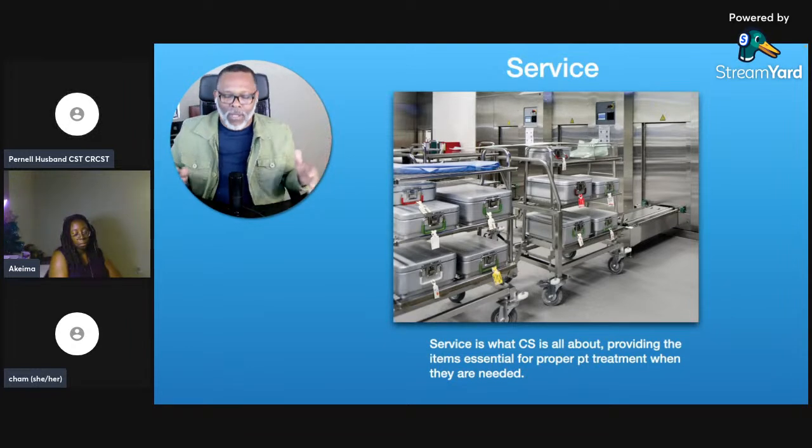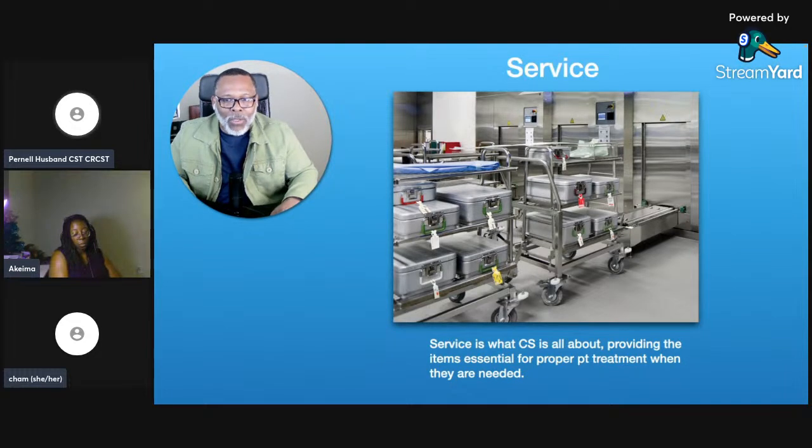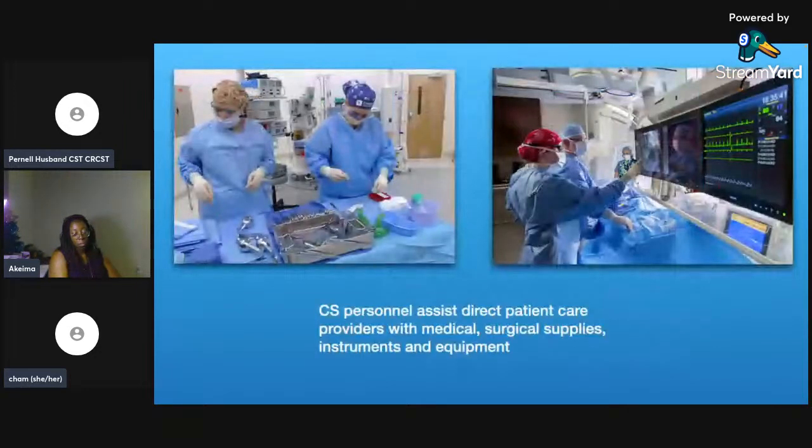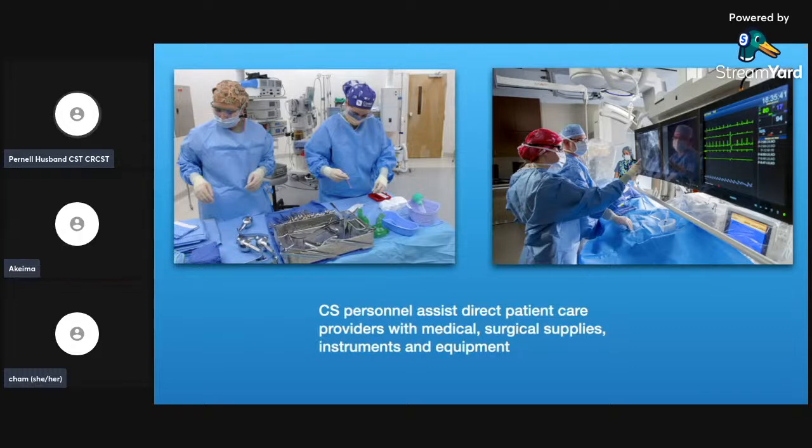Central service, central services, right? The service part is what central service is all about, providing items essential for proper treatment when they are needed. Central service personnel assist in direct patient care. We assist direct patient care providers, people who are in the brain, people who are working on fetuses.